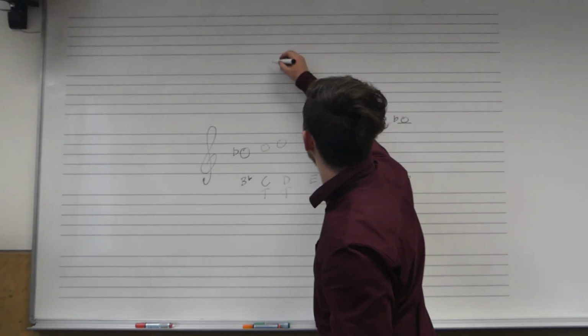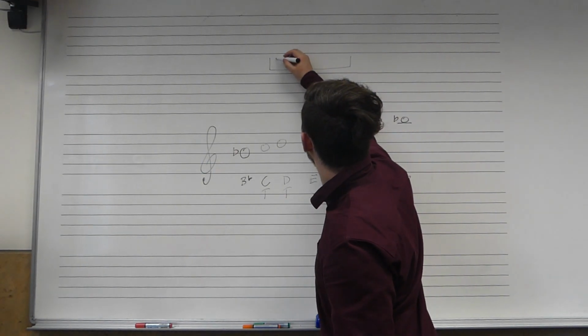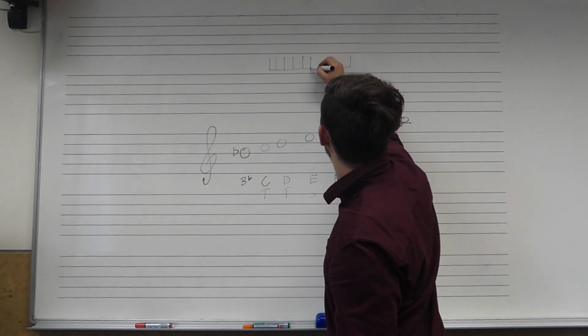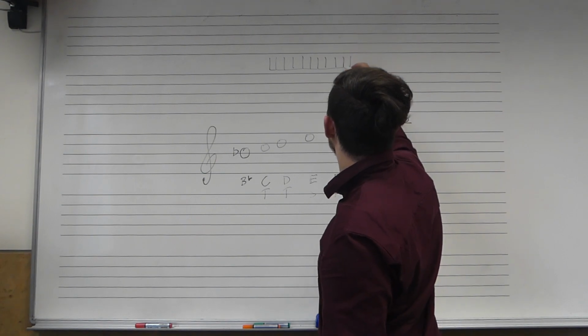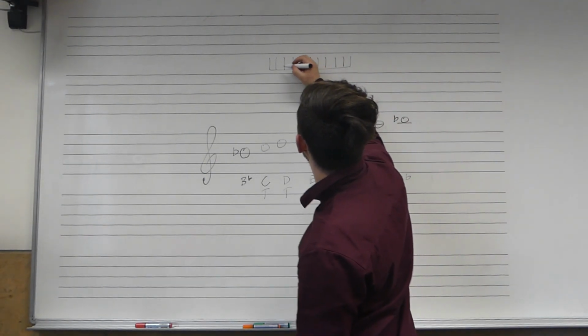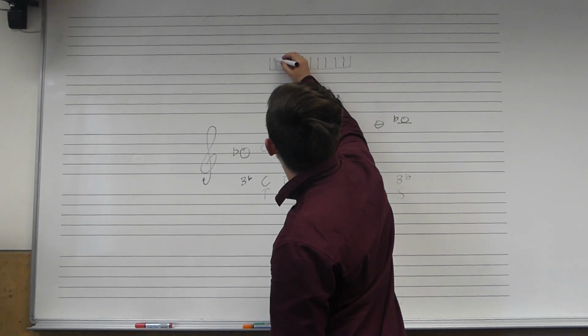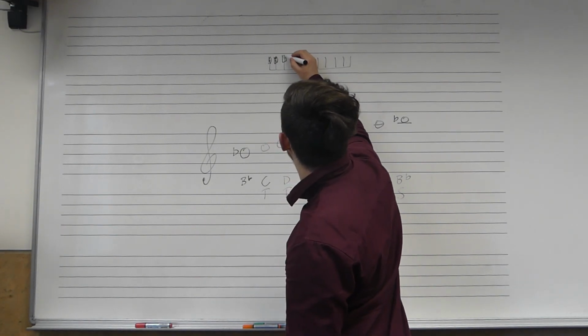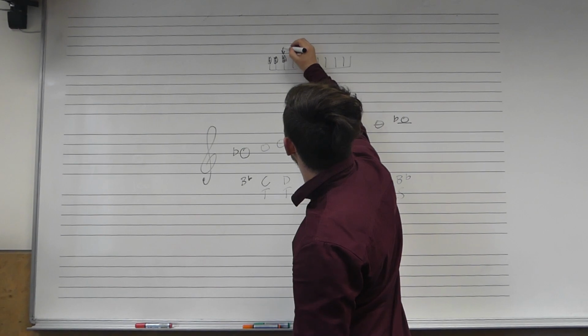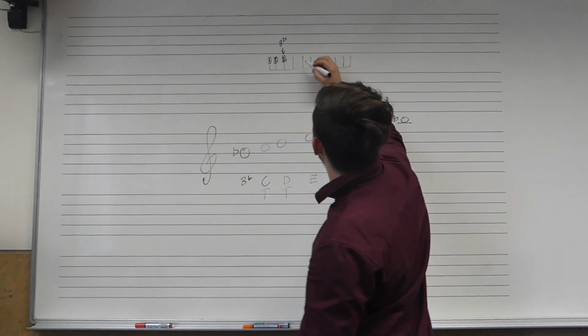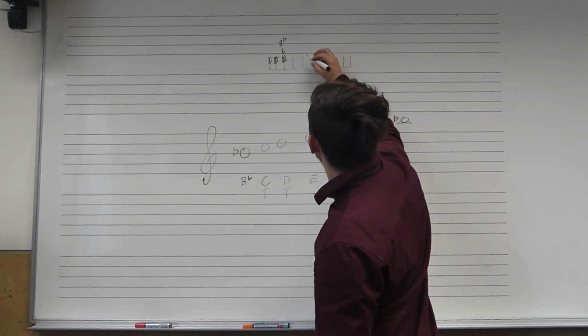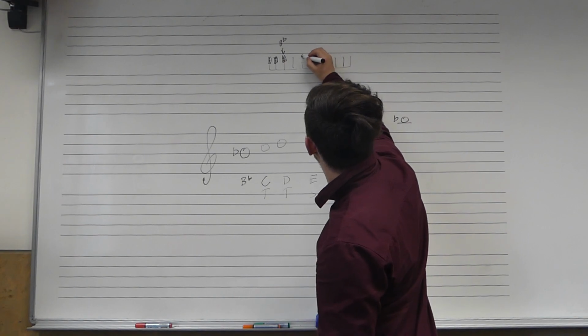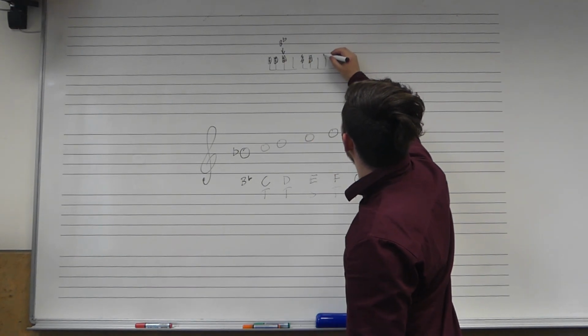So, I'm going to draw up a mini keyboard to help us visually see the scale. Here we're going to have our 3 sharps, which means B flat is here. Then we're going to gap, then 2. Then we're going to gap, then 3.